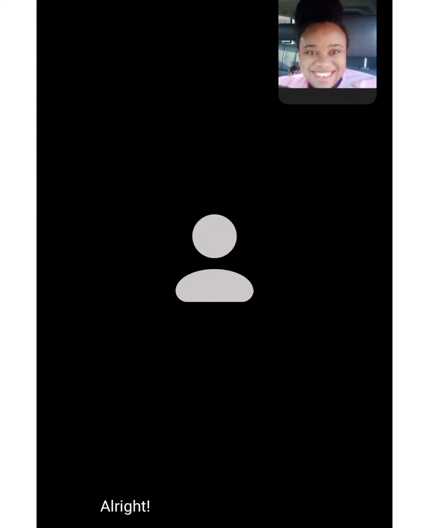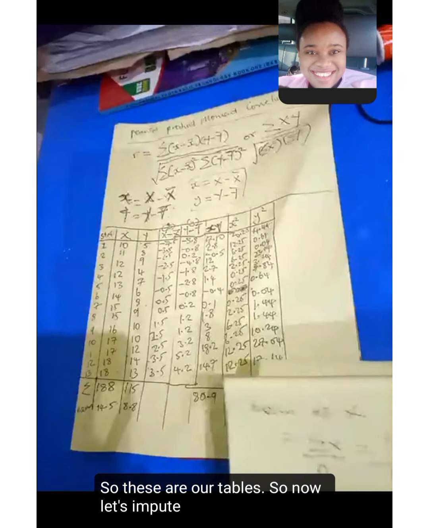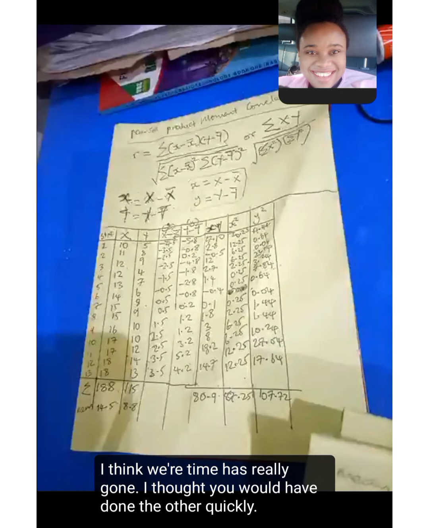So now let's impute the formula. I think time has already gone. I thought we would have done the other calculation. But if we do this one, then hopefully we have 2 more calculations under this.